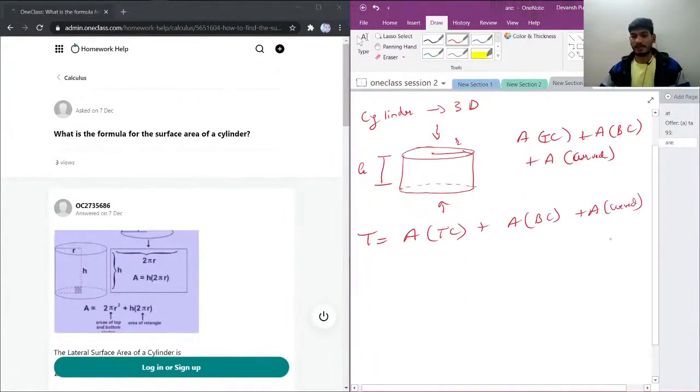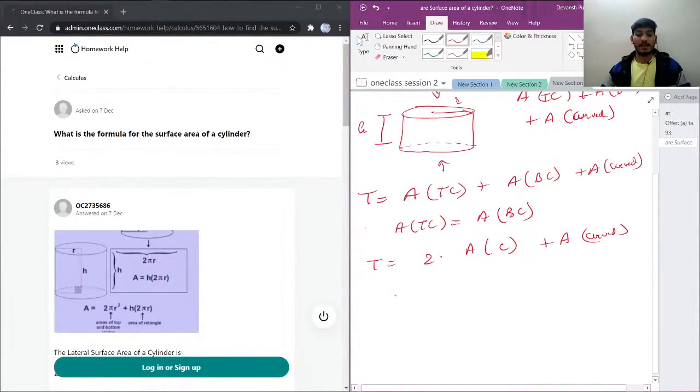Now, because the radius is equal, the area of the top circle is equal to the area of the bottom circle. So in this case we'll have 2 times the area of, let's say just a circle here, no top no bottom, plus area of curved surface.